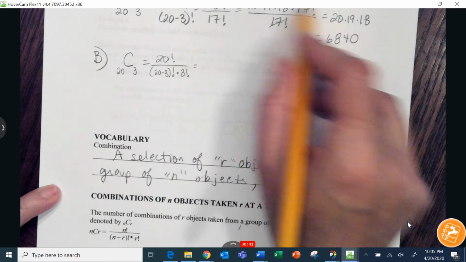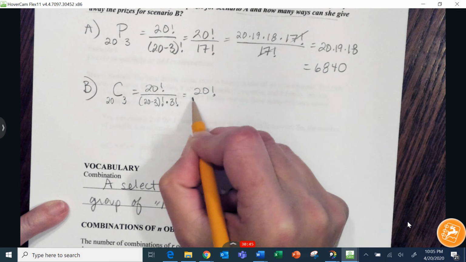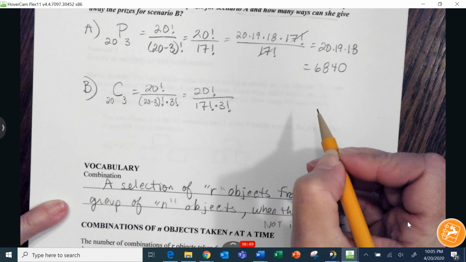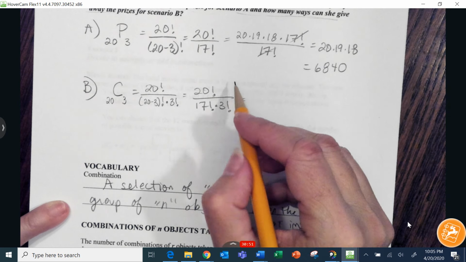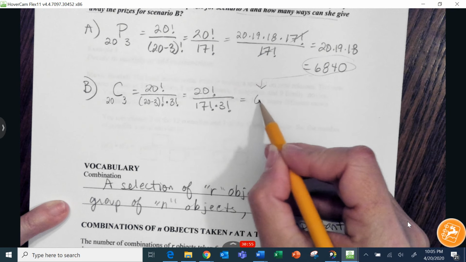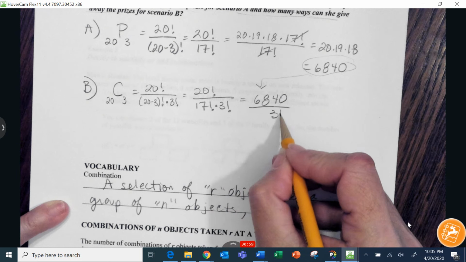So we're going to have basically the same thing we had right up here. We're going to have 20 factorial over 17 factorial, but then we have times 3 factorial down there. So this 20 over 17 factorial was this answer right here. But we still have the 3 factorial on the bottom.